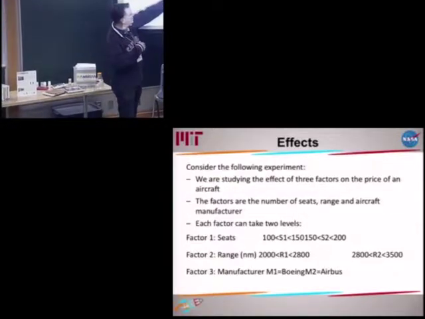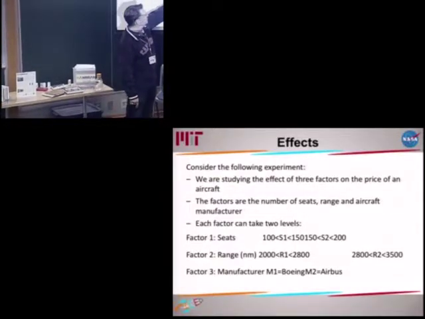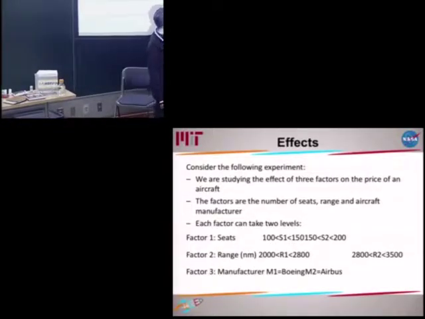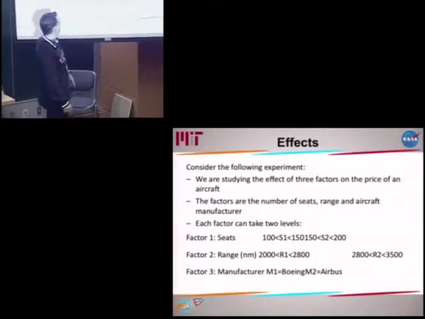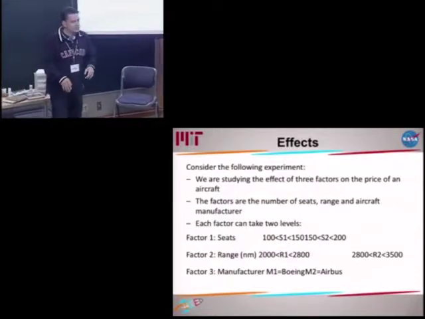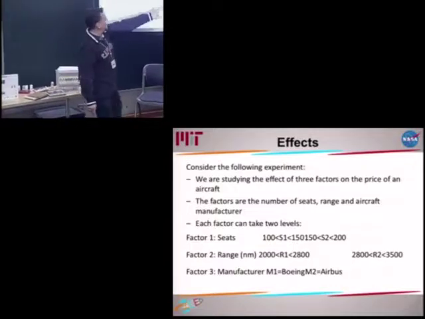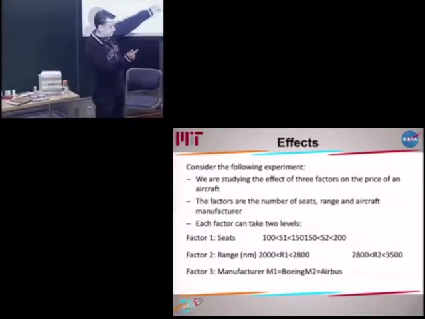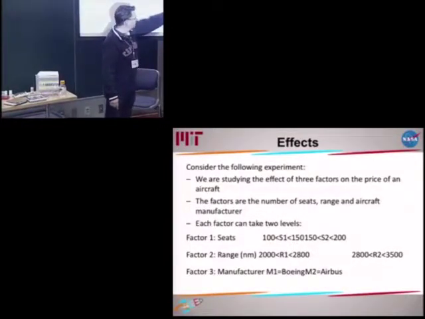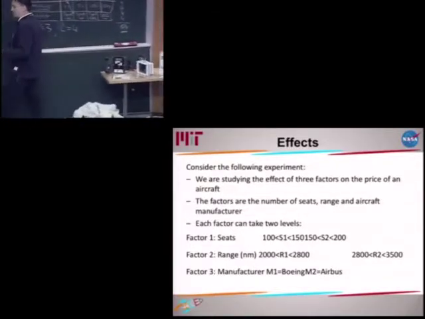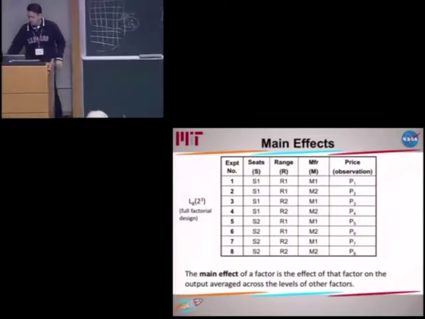So shorter range, between 2,000 and 2,800 nautical miles, that's R1. Between 2,800 and 3,500 is R2. And then our third factor is who's the manufacturer? Is it Airbus or is it Boeing? Boeing as manufacturer is level 1. Airbus as manufacturer is level 2. Okay, so we have 3 factors, and we have 2 levels for each.